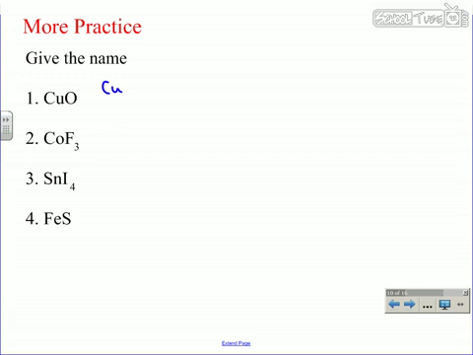I've got copper plus 1 and copper plus 2, combined with oxygen. What's the charge for oxygen? Look it up, you have to always look that up. It's -2. So which of the coppers combined with the oxygen to give this formula? It was copper plus 2. Then the name would be copper 2 oxide.